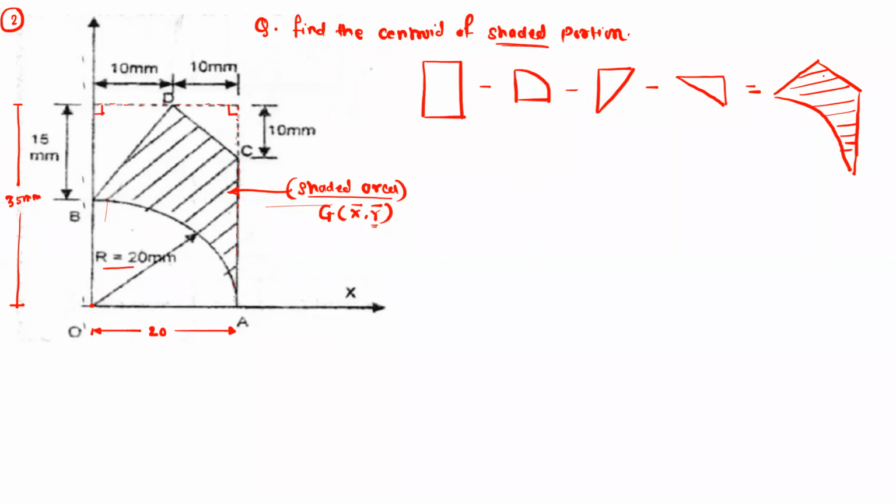For this geometry, we have to find out the center of gravity. So we have to locate X bar and Y bar. We have to first prepare the table. So this is the area, represented as Ai.